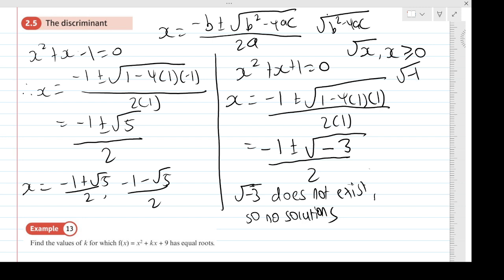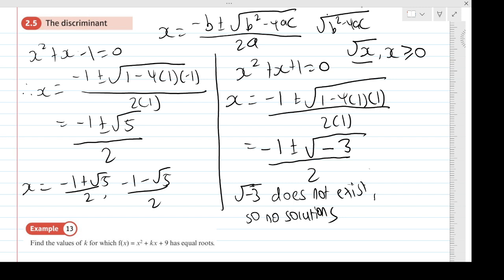Put that in the calculator and it should say error, because it's not something we can really work with. That is why this breaks down.